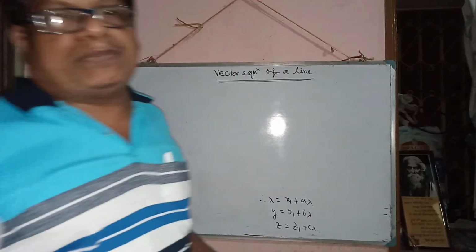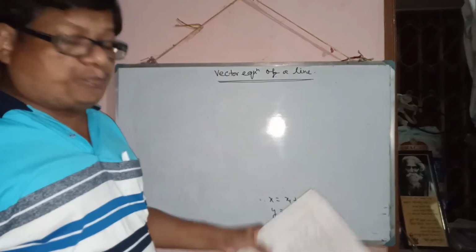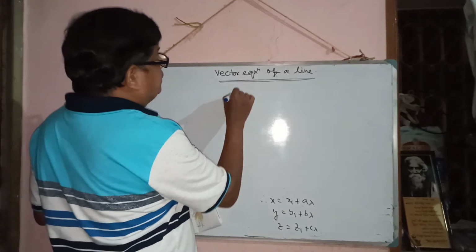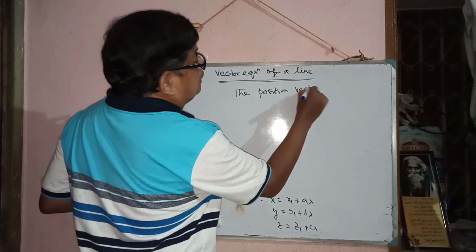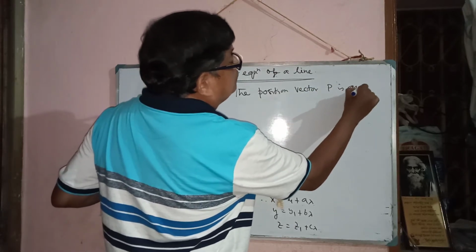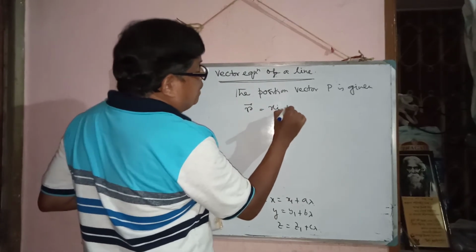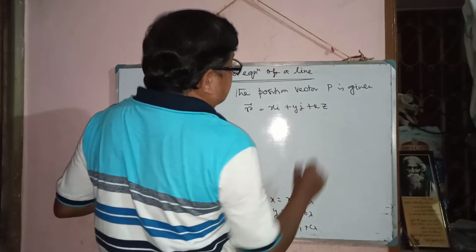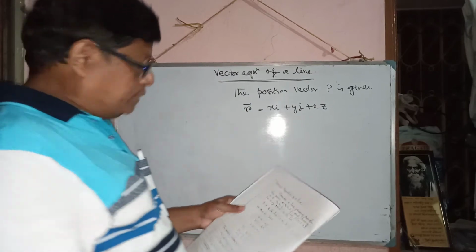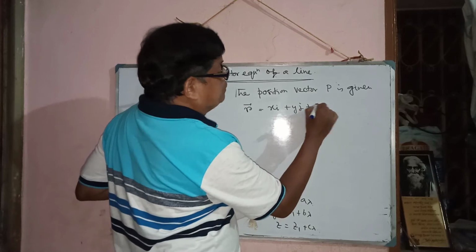Now the vector equation. The position vector of P is given by r equal to xi plus yj plus zk.